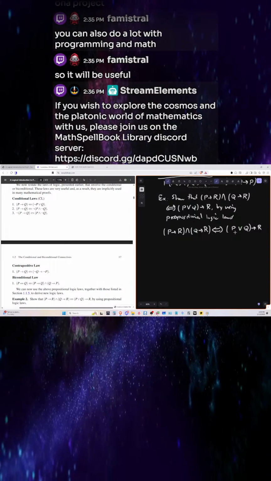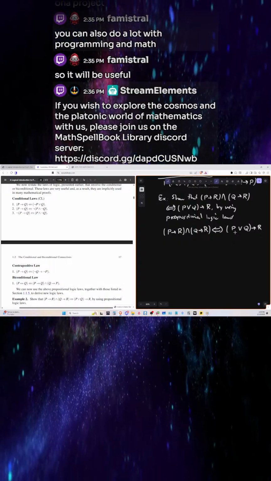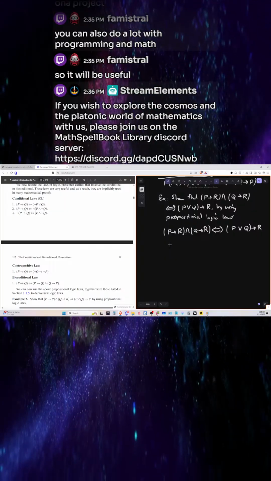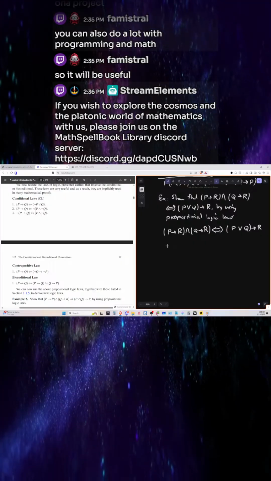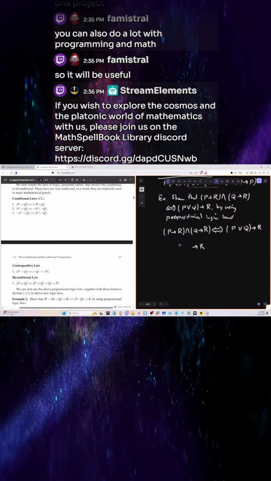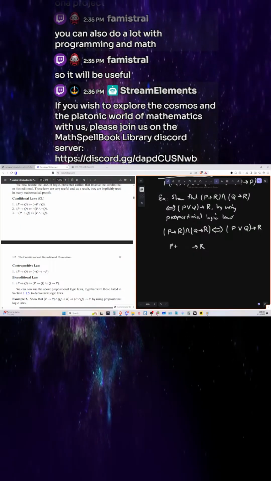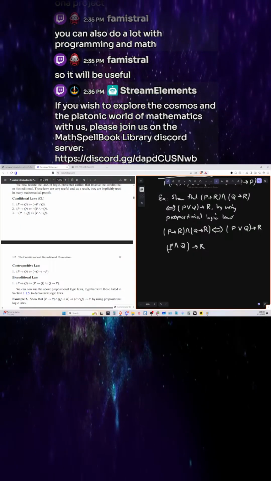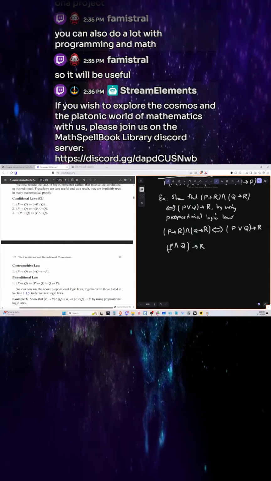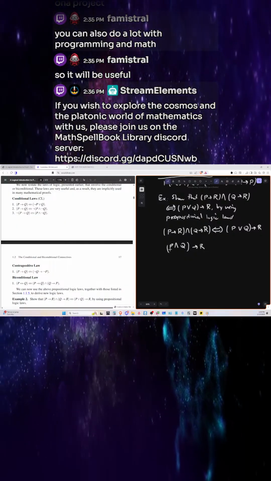This one is pretty interesting. The way I see it, you can remove that, and then you're left with P and Q. But where do we get the or statement from? That's the thing I'm not seeing here.